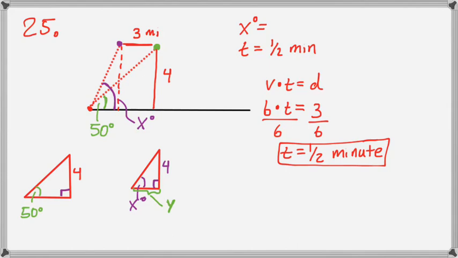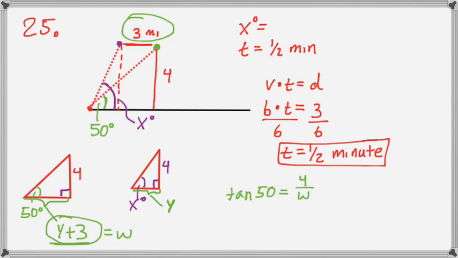Well, what about over here in this larger triangle? In this larger triangle, this segment would be y plus 3. So I have a way for finding that segment, and I know that segment is equal to y plus 3 because I've moved 3 miles since I took that measurement. So let's set up our trig ratio and see if we can solve for this segment in the larger triangle with the 50-degree angle.